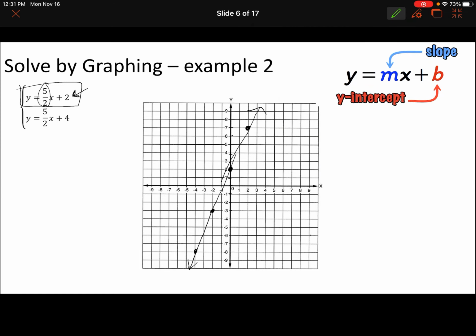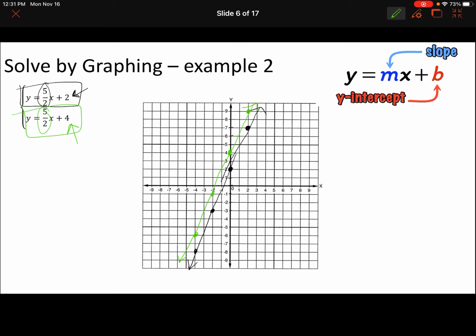And then let's do our second equation. +4 is where we start with our y-intercept. Right there at +4, the slope is the same, 1, 2, 3, 4, 5/2. And then we can go the other direction and connect that line.